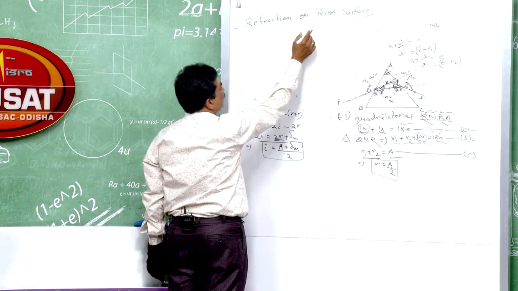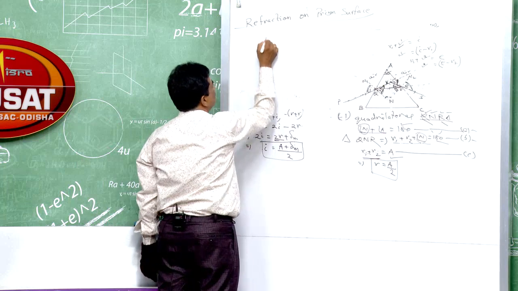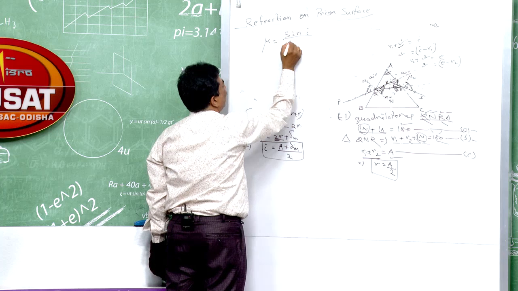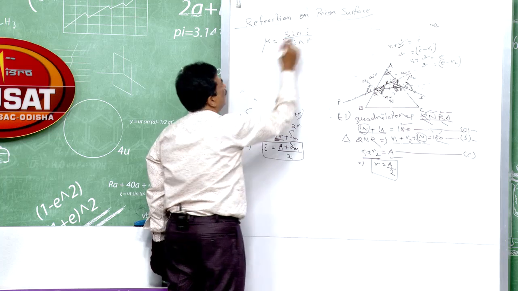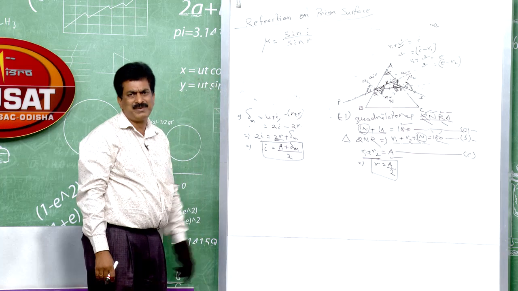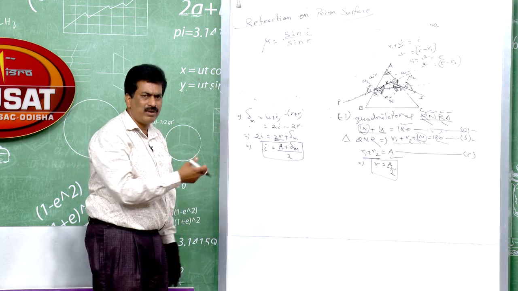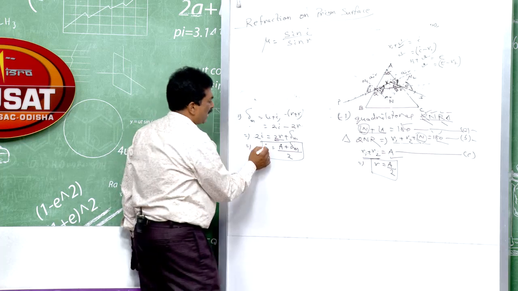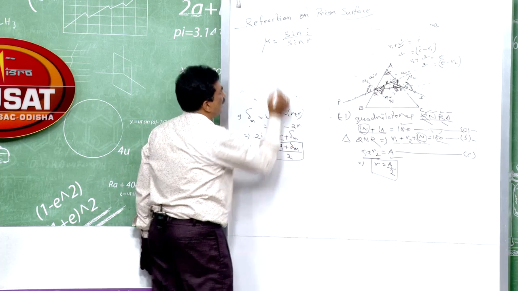So when the refraction is taking place on the prism surface, for the refraction you know mu is equal to sin I by sin R. Whenever the refraction is taking place, it will satisfy Snell's law. We know that according to Snell's law, mu is equal to sin I by sin R. But I is equal to how much? A plus delta M by 2.